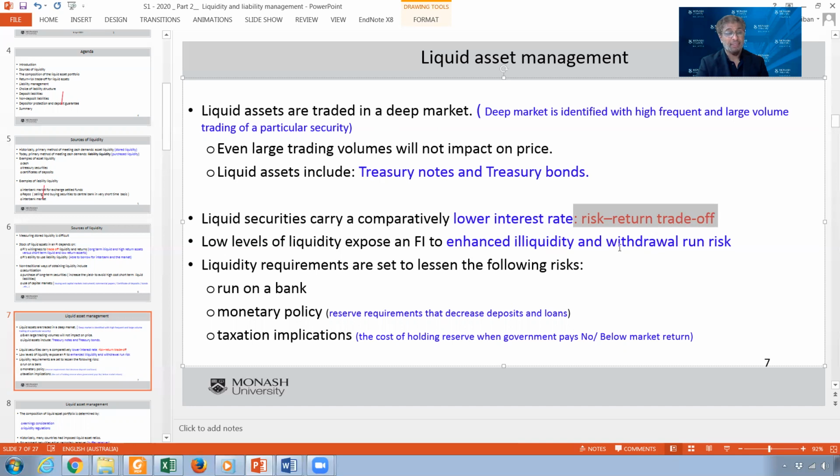And if this situation happens and we cannot manage it on time, and depositors hear about this, and the news spreads around that you are under liquidity stress, you expect a bank run. And this is a big problem. Liquidity requirements are set to lessen the following risks.